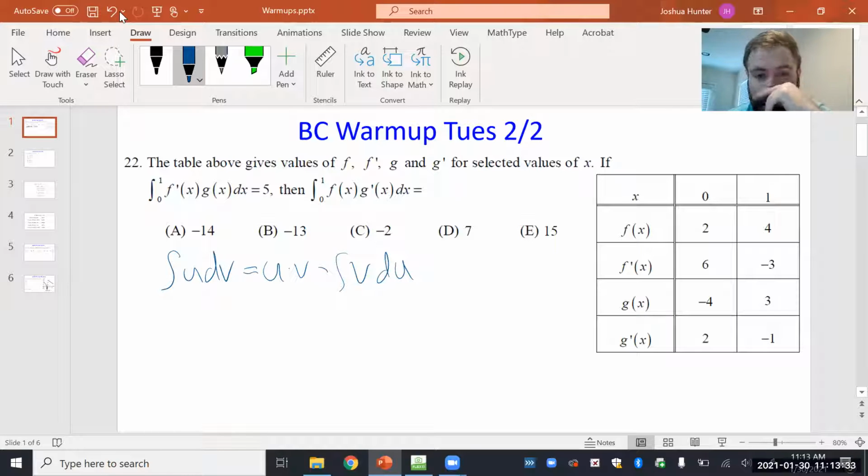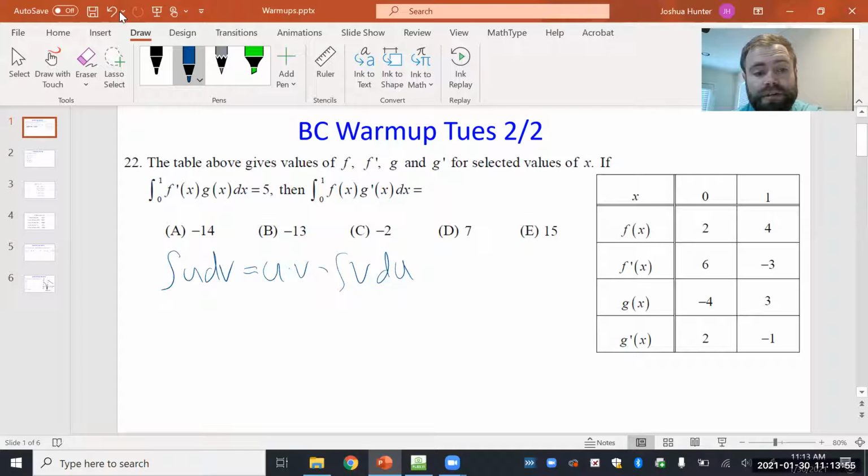And so we need to identify the different pieces of this. This is the integral we are wanting to find. So which one would be the u? Which one would be the dv?